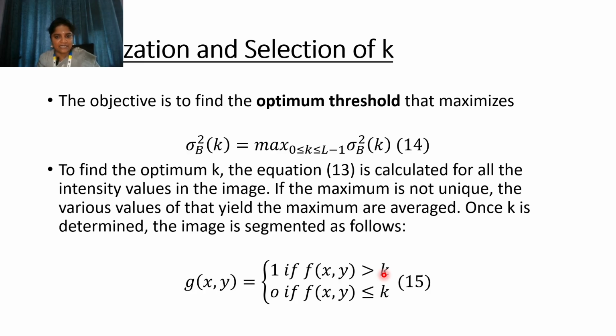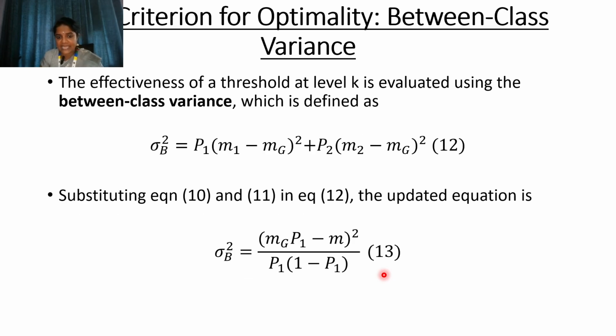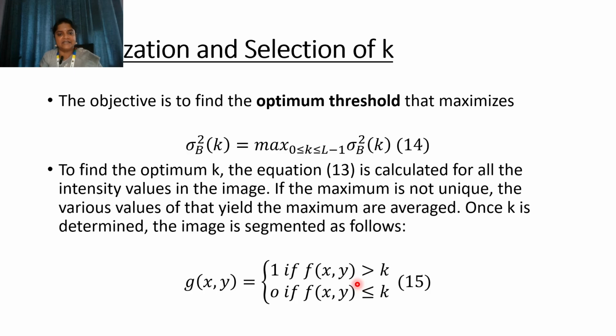After calculating this between class variance, we are going to calculate this for all values of k. So what is k here? K is going to be one of the intensity levels in the image. So we are going to calculate this between class variance for all intensity values. We are going to choose that intensity for which the between class variance is maximum.